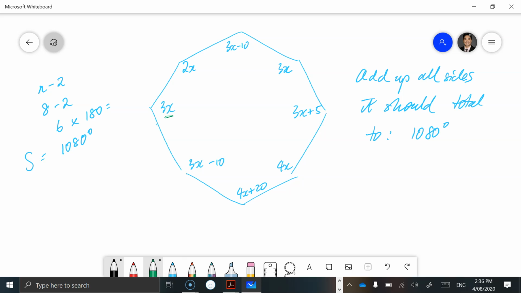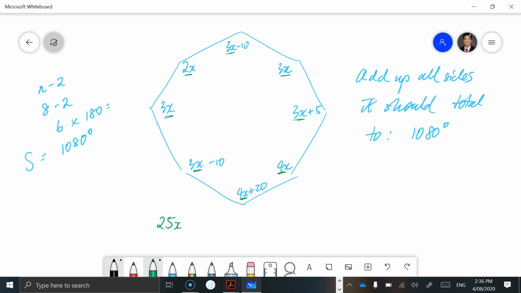Let's combine: 3x plus 2x is 5x, plus another 3x is 8x, plus another 3x is 11x, plus another 3x is 14x, plus another 4x is 18x, plus another 4x is 22x, plus another 3x is 25x. So we've got 25x to begin with.